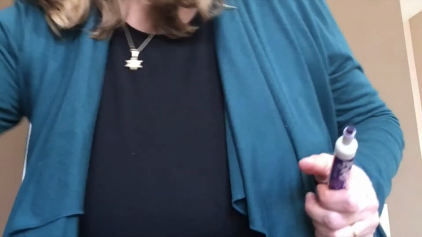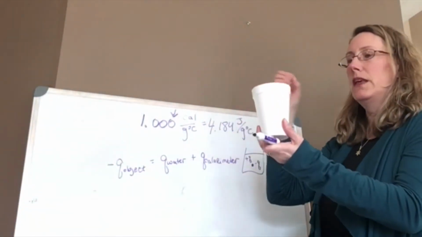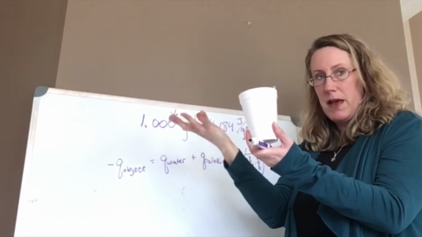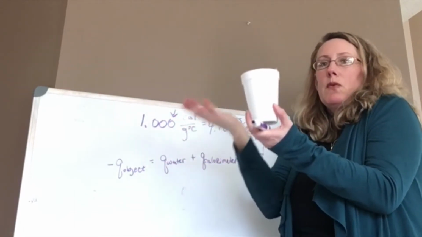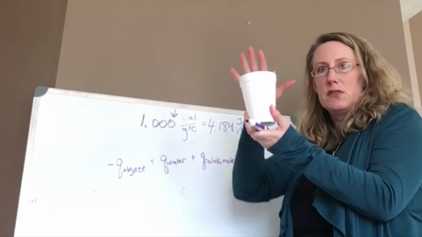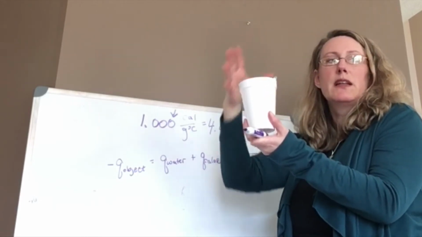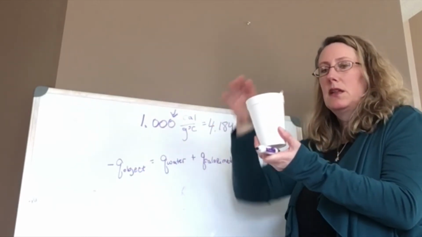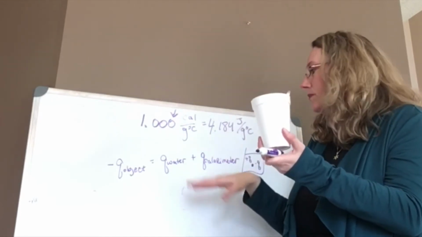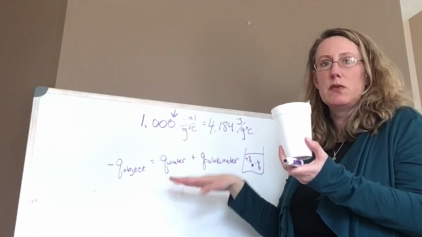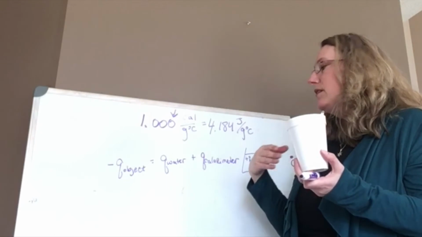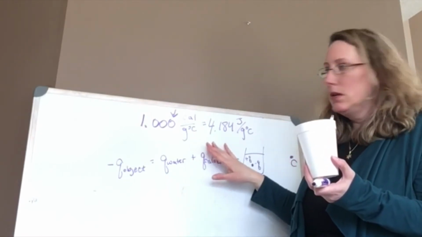So I'm going to drop a little metal in here, and the heat is going to come off of the metal, and it's going to heat up your water. And like I said, this isn't a super high-tech calorimeter. It's also going to absorb some of that heat. Some of the heat's going to also escape out. So most of your questions, when they're nice to you, they're going to say ignore the calorimeter. Yay!